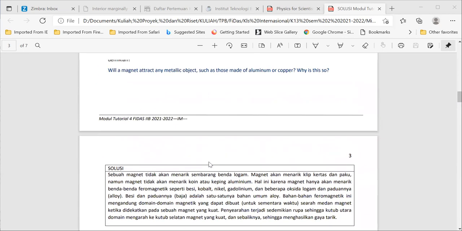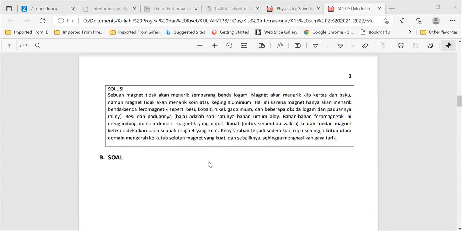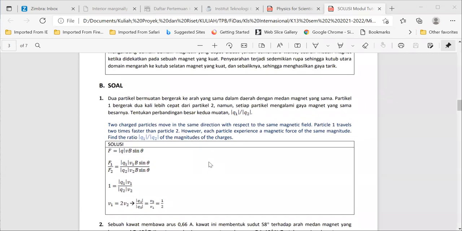Okay, any question for this part 1, number 5? Okay, let us continue for part B. So we have these two charged particles move in the same direction with respect to the magnetic field.